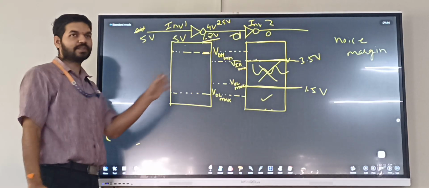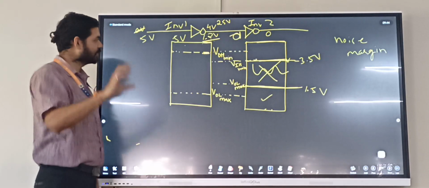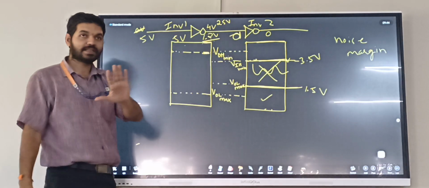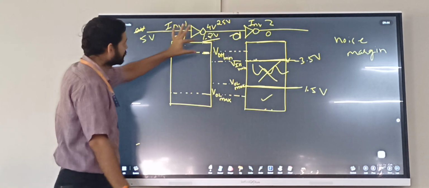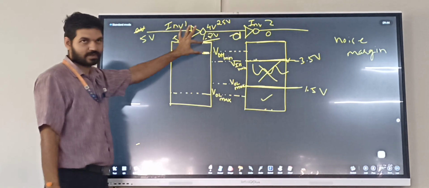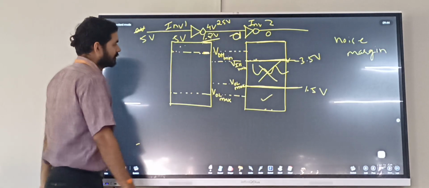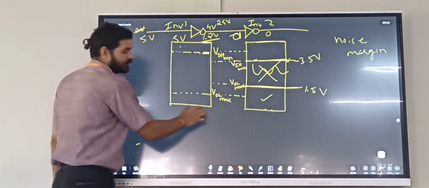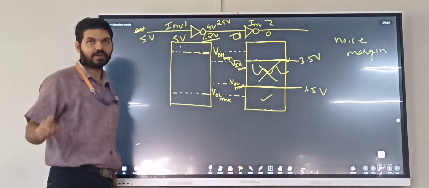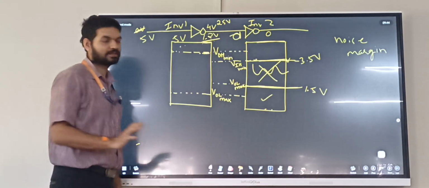But with our noise margin, what do we do? Okay, 5 volts is not coming, fine. At least 4 volts should come. In the same way, if I want low, what do we expect?